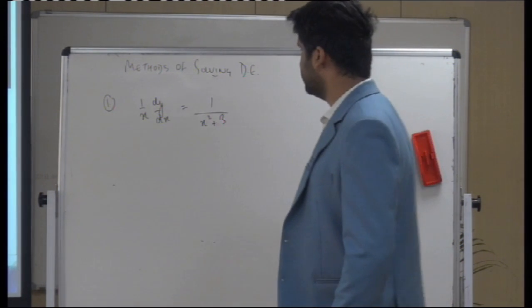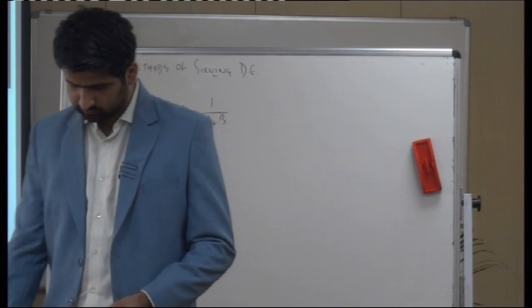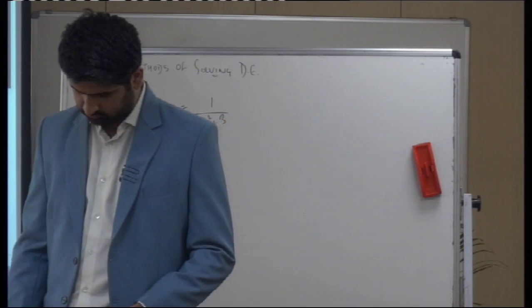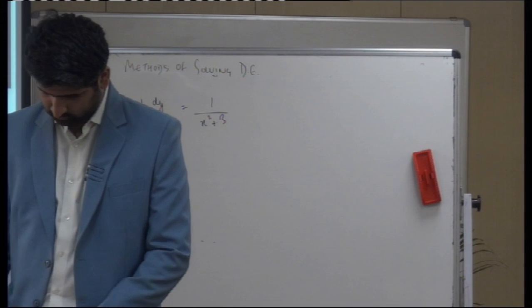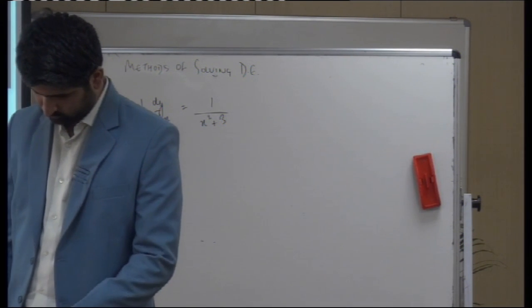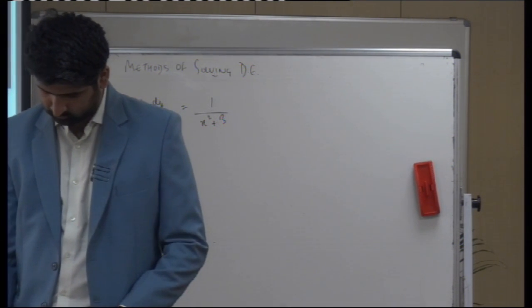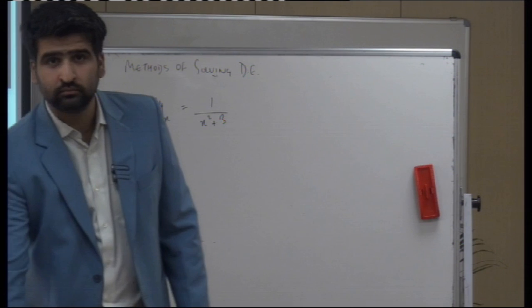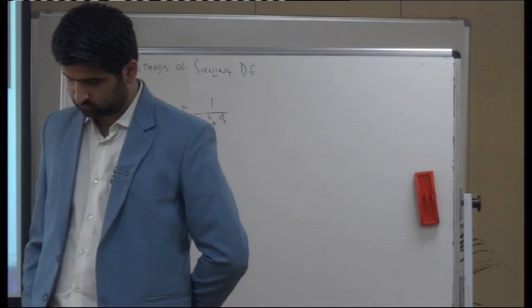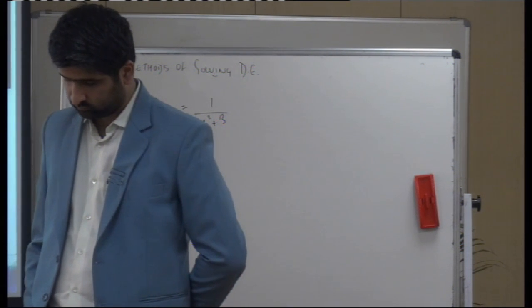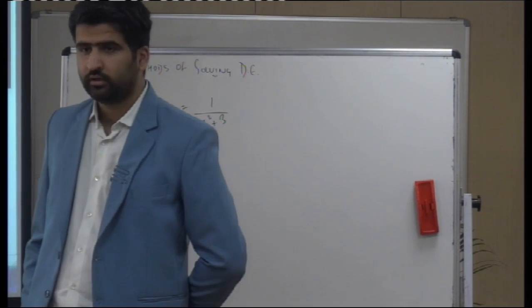One upon x dy upon dx is equal to 1 upon x square plus 3. Done?